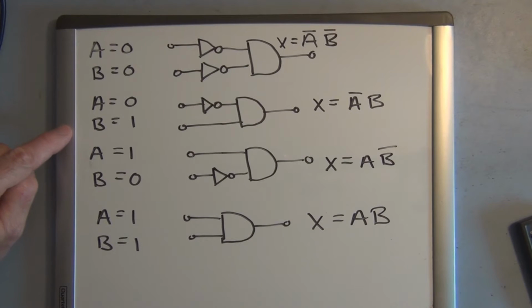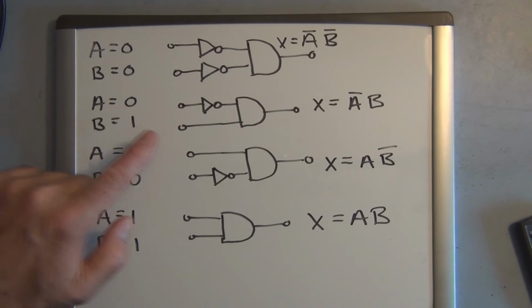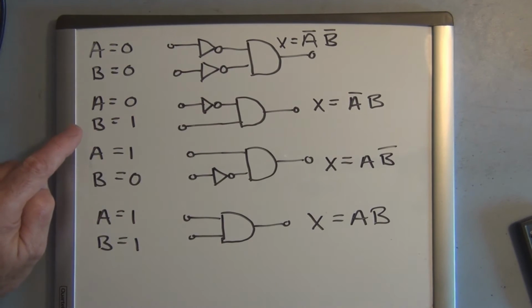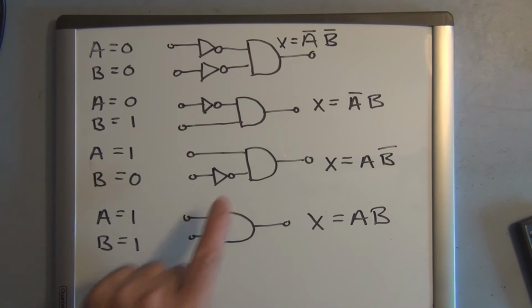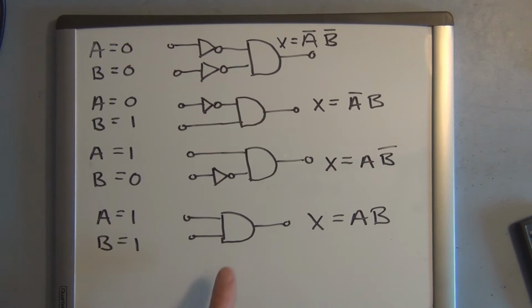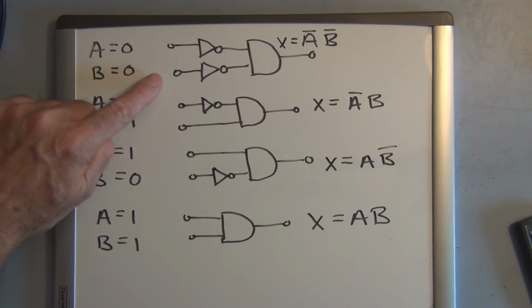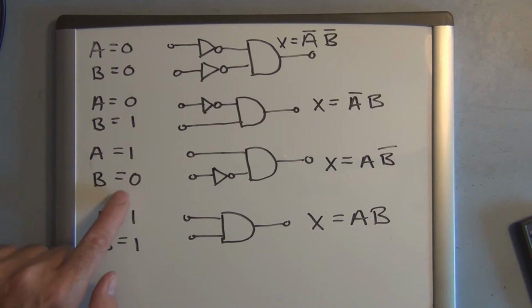So we can produce a logic level 1 for each of the four possible unique input conditions by putting an inverter on the appropriate variable before it goes into the AND gate. This is just your basic AND gate, which produces a 1 on the output when both inputs are 1, and for these other three cases, we put an inverter on the variable that is 0.